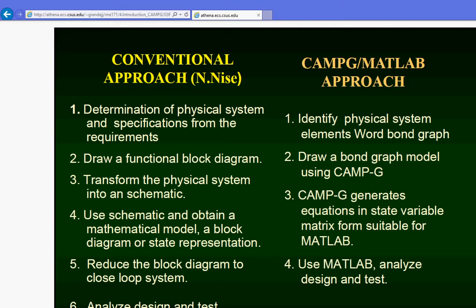But you have to transform the physical system into the schematic and then use the mathematical model. So you write the equations and then you write your block diagram. And number 5 says reduce the block diagram to a closed loop system. Well, okay. And then analyze the design.